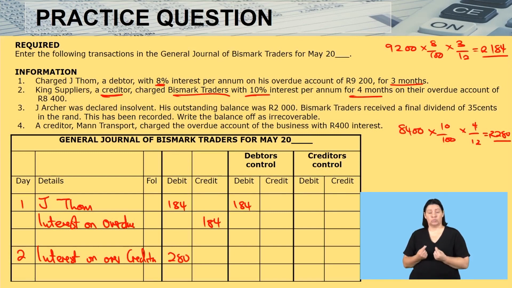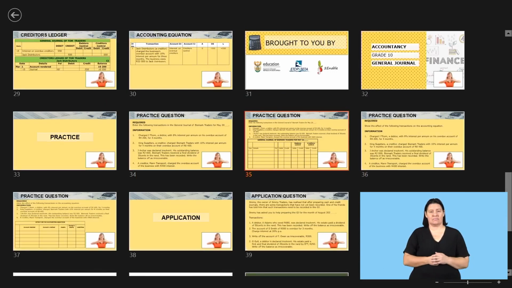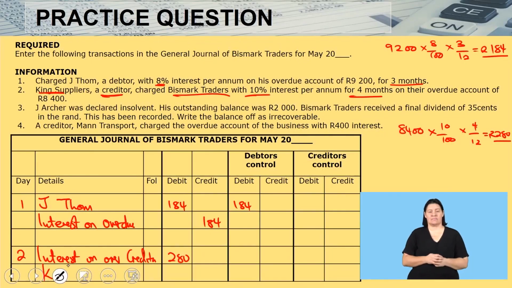And then I'm going to credit my creditor. Who is my creditor now? King Suppliers. I'm going to credit King Suppliers with how much?